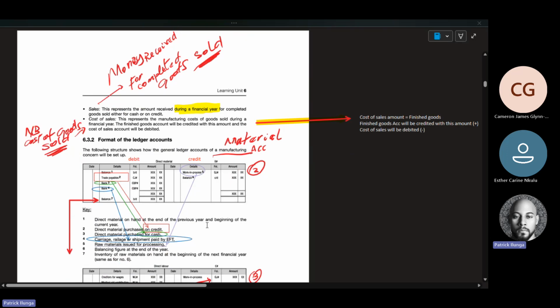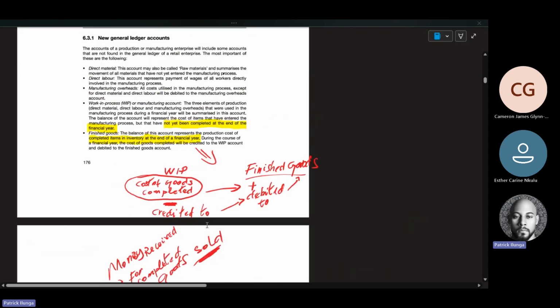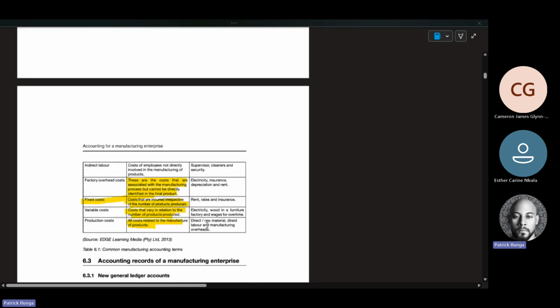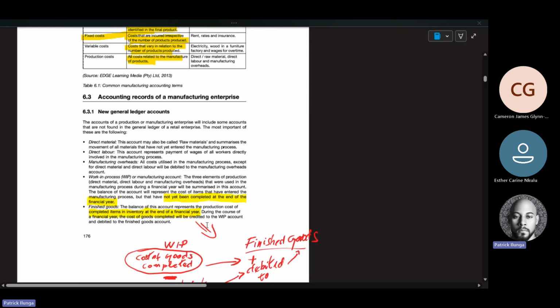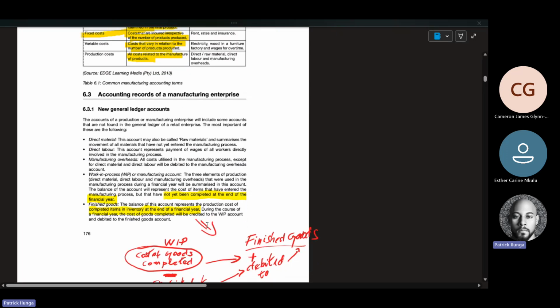So again, this learning unit is divided into two sections. You have the ledgers, the ledger accounts. That's basically the most important thing. You already know the theory of the most important things when it comes to manufacturing.